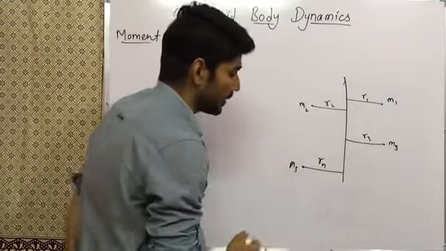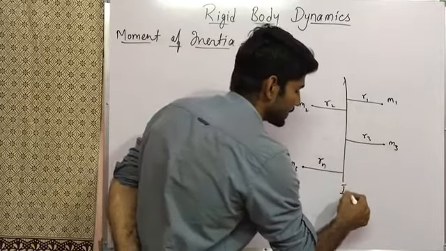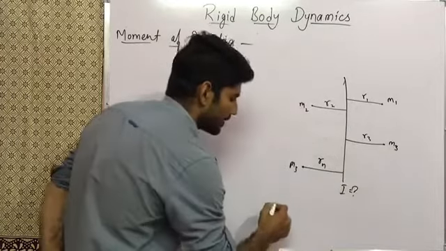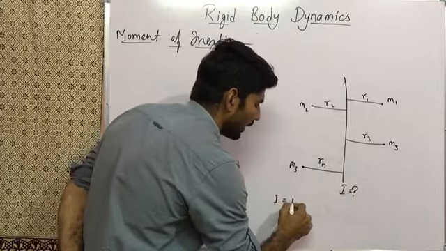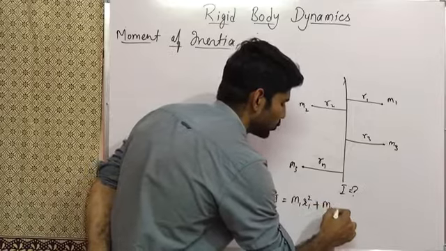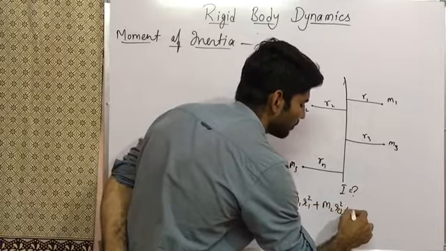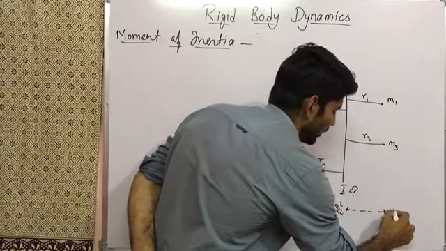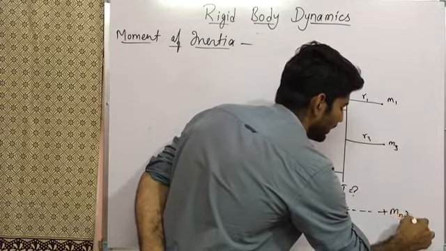Then the moment of inertia about this axis is given as I equals m1 r1 square plus m2 r2 square plus mn rn square.